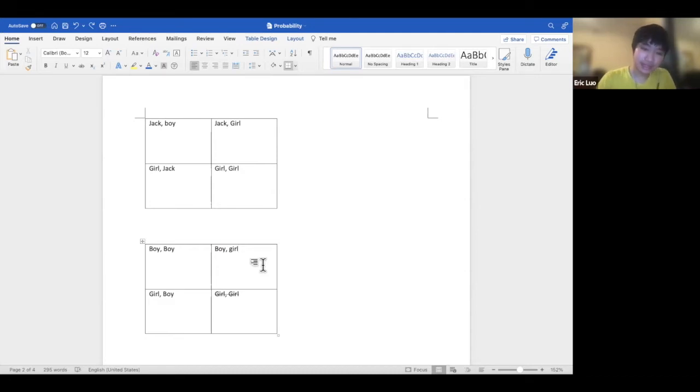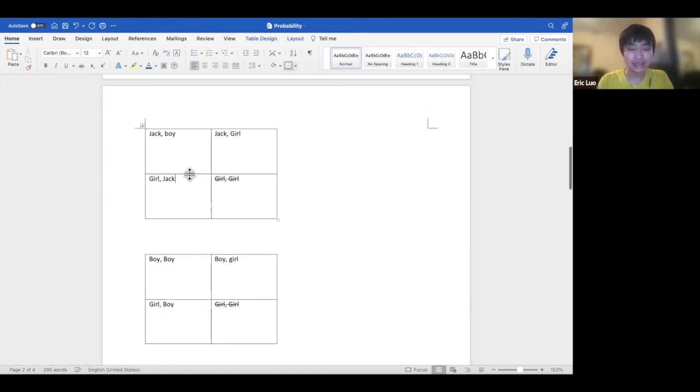But since we know that John already has a boy, which is Jack, the possibility of having two girls is not possible. It is not possible for John to have two girls and also Jack being one of his children. So that means we only have these possibilities right here. Each of these possibilities is equally likely.